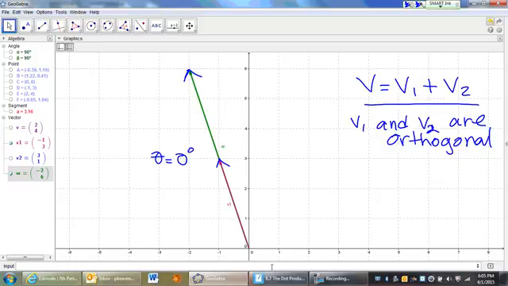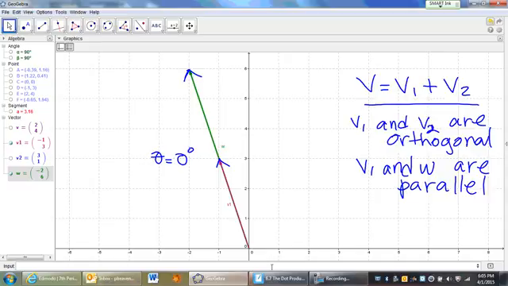So yes, those two are parallel. So we say that V sub 1 and W are parallel. Also, the statement says that V sub 2 is orthogonal to W. Let's see if that is true.